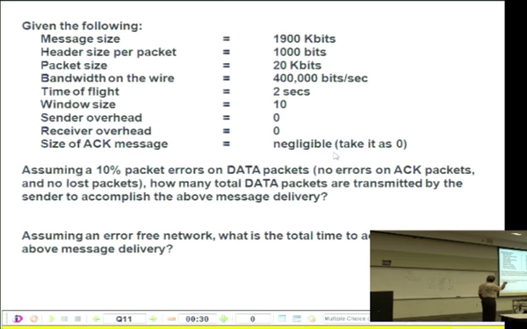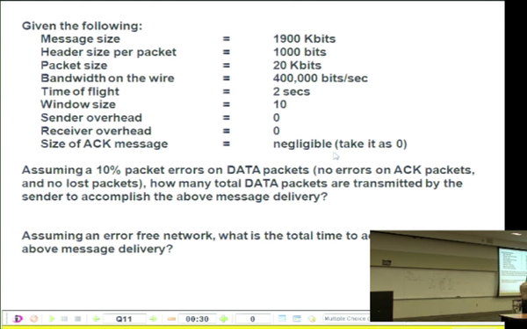the bandwidth on the wire. Where will it be useful in this equation? Time on the wire, TW, right? That's the one that is going to be affected by the bandwidth on the wire. No, S is sender overhead, R is receiver overhead.